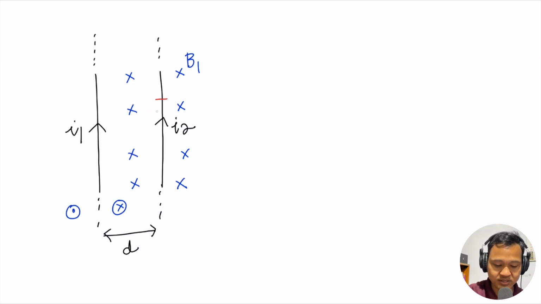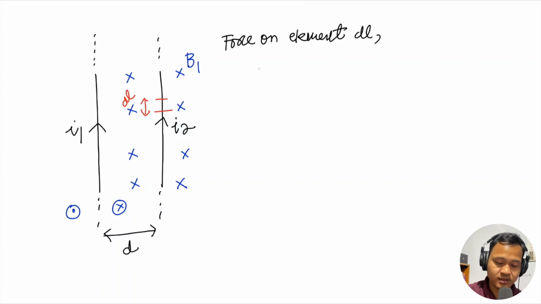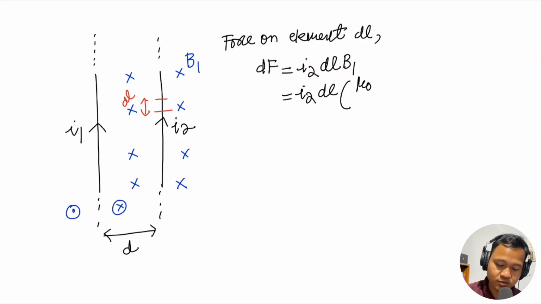So I have to take a small element here, of length dl. The force experienced by this small dl due to the magnetic field from the first one: dF is I into L into B1, so I2 into dl into mu naught into I1 divided by 2 pi d.